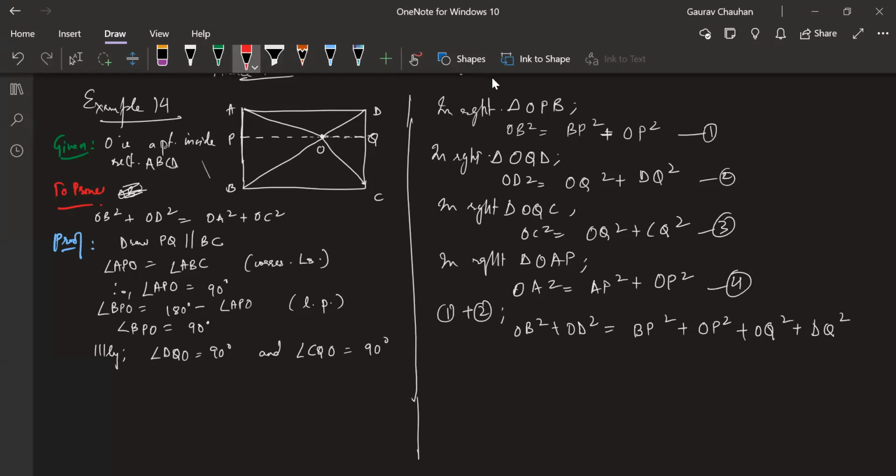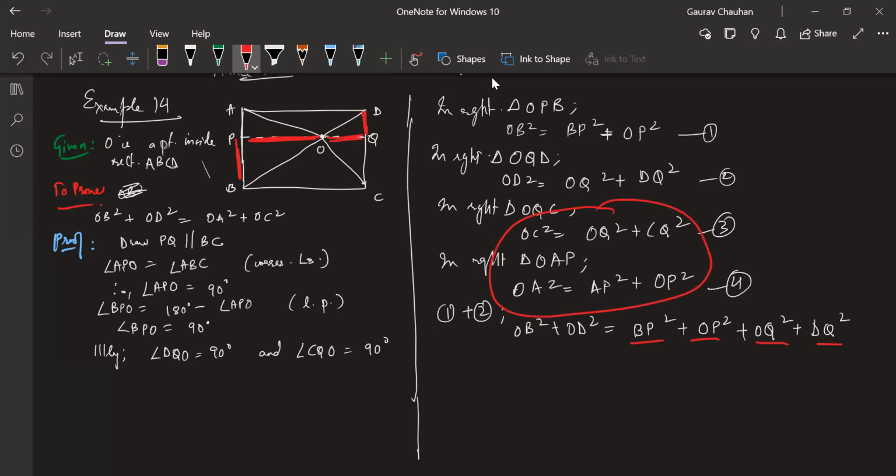Let's mark them. BP square is this one, OP square is this one, OQ square is this one, and DQ square is this one. These are the four things which I have on the right side of my equation. Now, what is here?